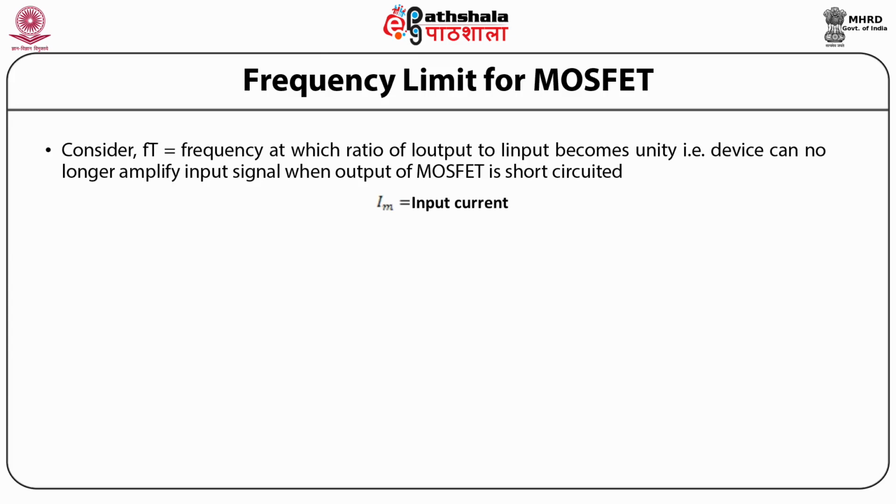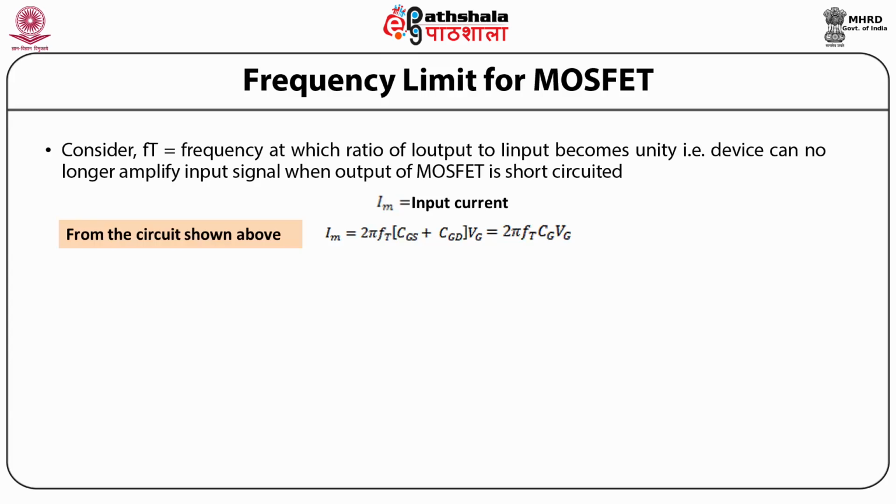So let Im be the input current. From the circuit shown above, Im is equal to 2 pi Ft multiplied by (CGS plus CGD) multiplied by Vg. This is equal to 2 pi Ft Cg Vg, where Cg equals CGS plus CGD.